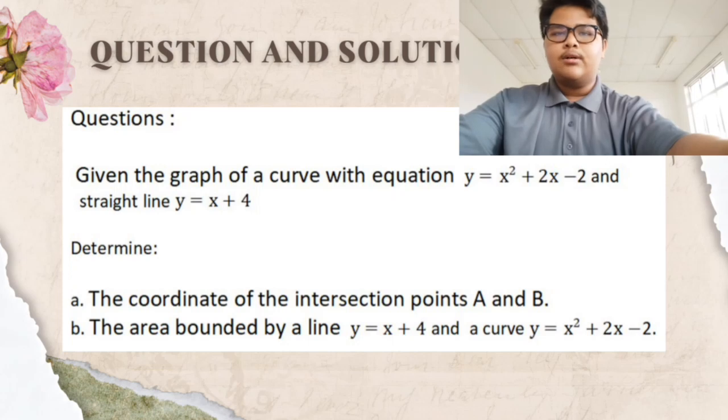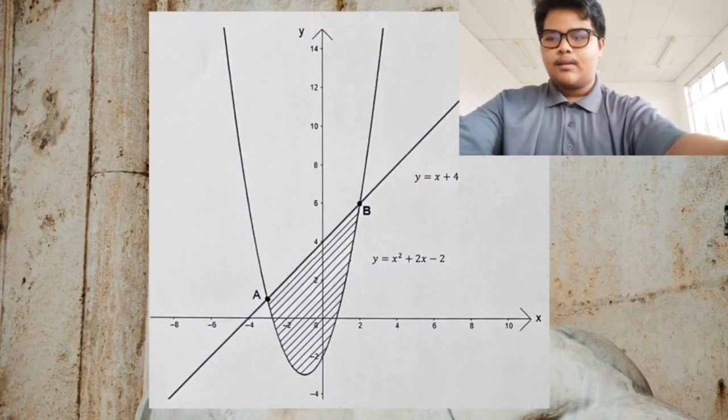Determine the coordinate of intersection point A and B. The area bound by a line y equals x plus 4 and a curve y equals x to the power of 2 plus 2x minus 2. Now, this is the graph.